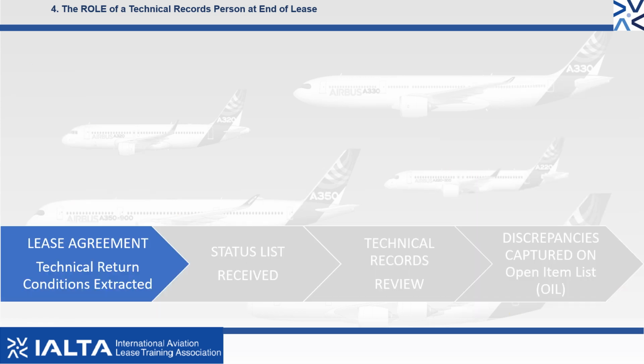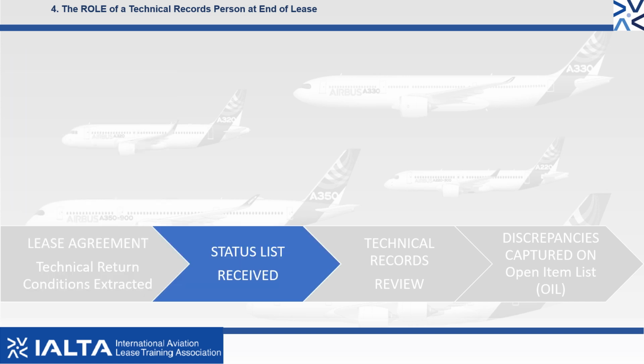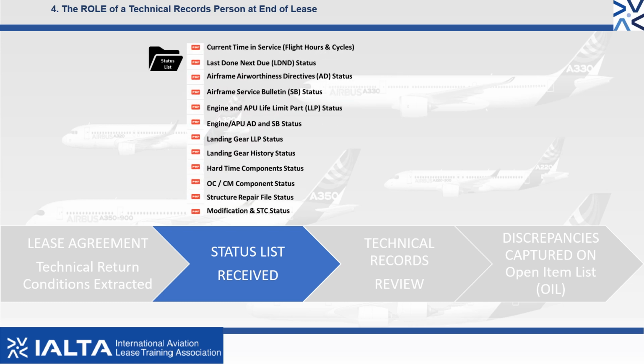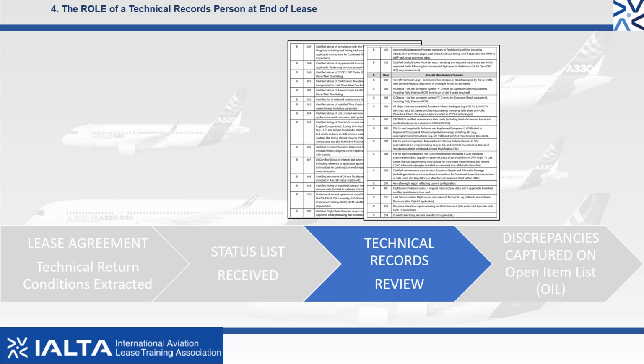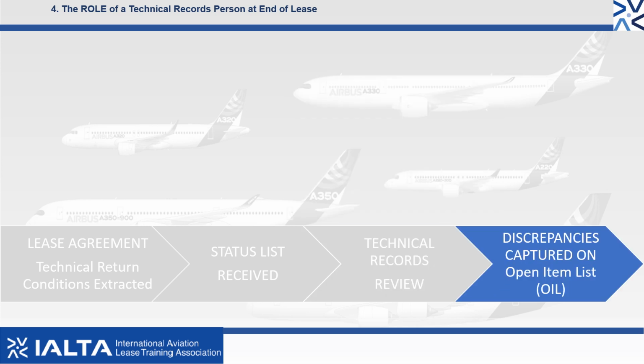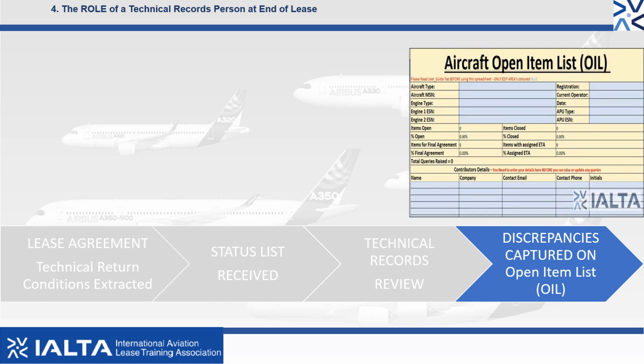The high-level process involves extracting and becoming familiar with the relevant technical return conditions from the lease agreement, receiving the certified status list from the returning airline, reviewing the technical records to ensure that all documents are present, and ensuring that any issues or missing records are captured on the OIL and communicated with all stakeholders.